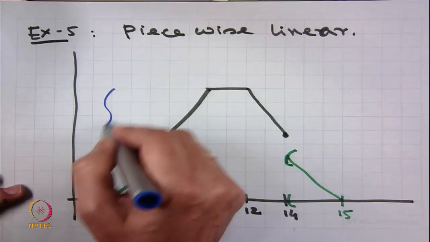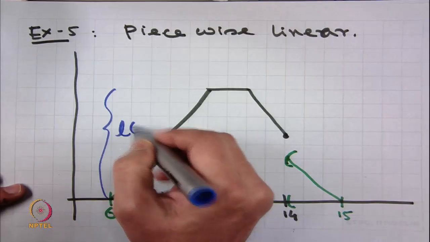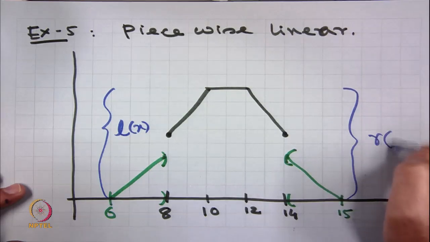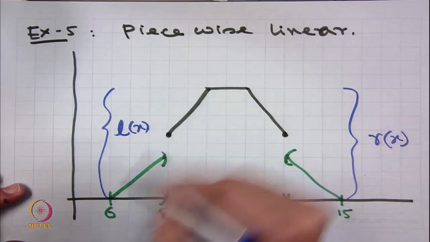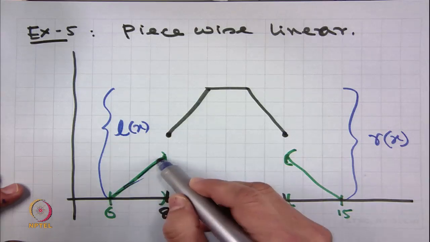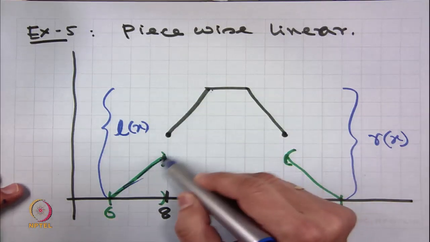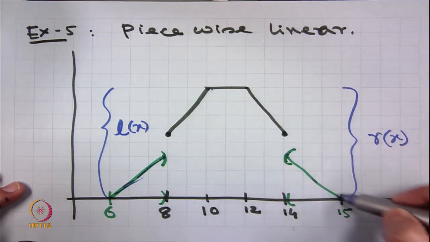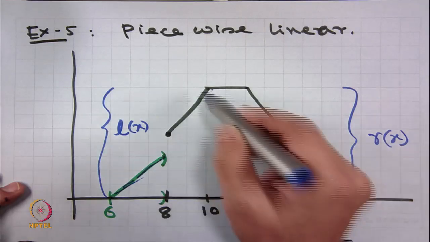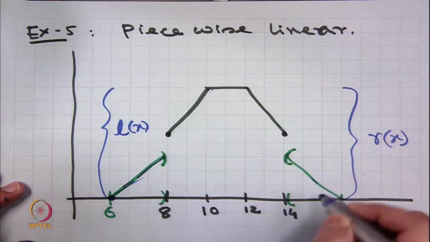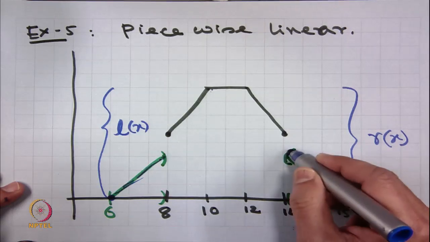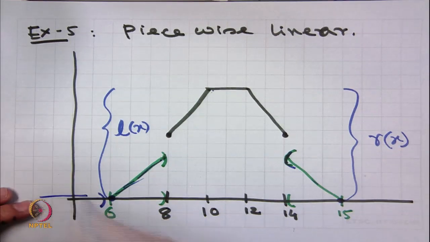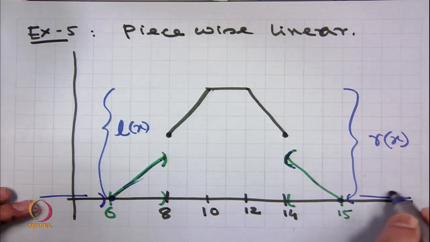And this is my Lx, and this is my Rx, which are, say for example, Lx is monotonically non-decreasing, here it is monotonically non-increasing, it is right continuous, this is left continuous, and below 6 it is 0, and above 15 it is 0.